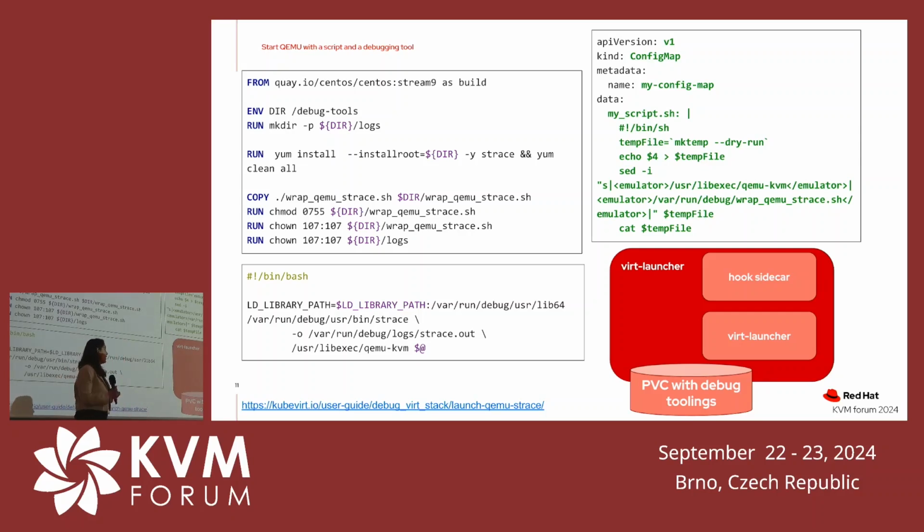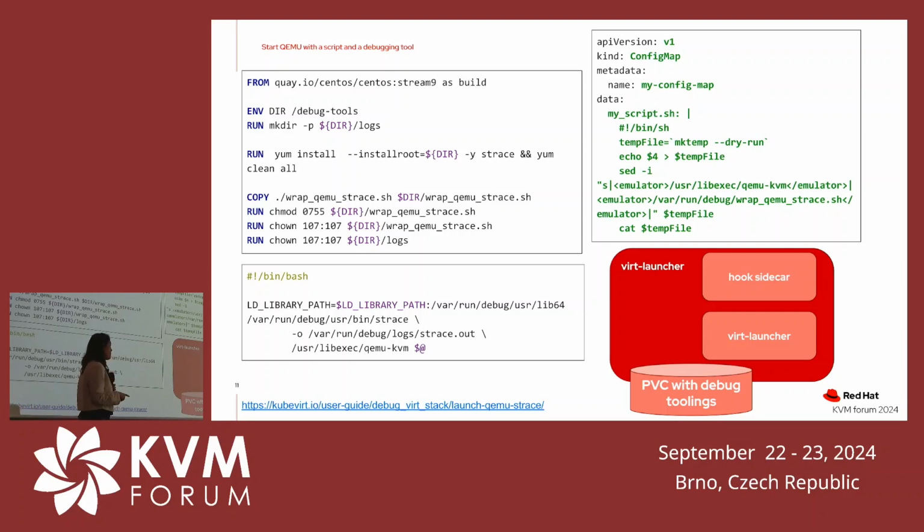Okay, so the first thing is how I get my debugging tool inside the container. Kubernetes has something called a PVC. You can think of it as a directory that you can populate. What I wanted to do is provide Virt launcher a directory with my debugging tool.